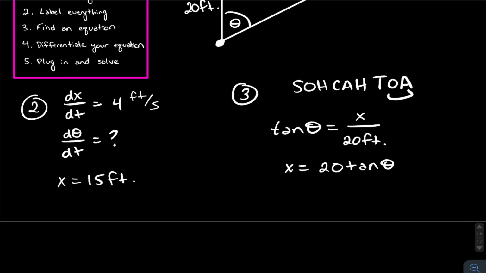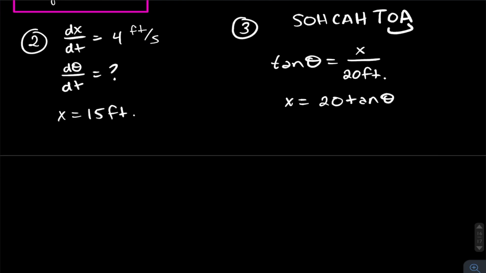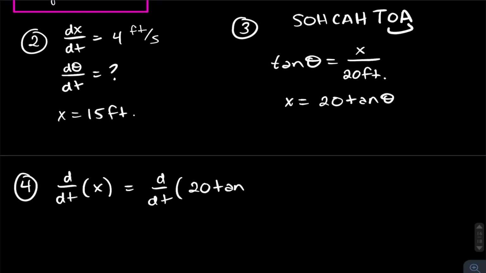Cool. All right, so now that we've done this, what's next? Well, we can differentiate. We have our equation, now we differentiate with respect to time. We take a time derivative of x, we take a time derivative of 20 tangent theta.